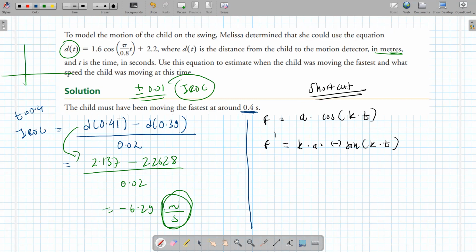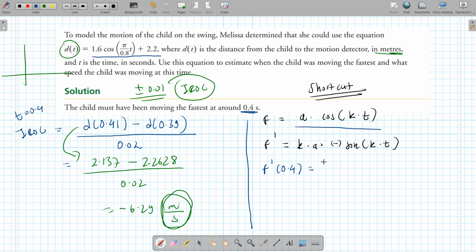If you were to use that here, we're trying to find f prime of 0.4. What's our k value? Compare this with this. What's our k value? K is a number that's being multiplied by the t. Pi over 0.8.